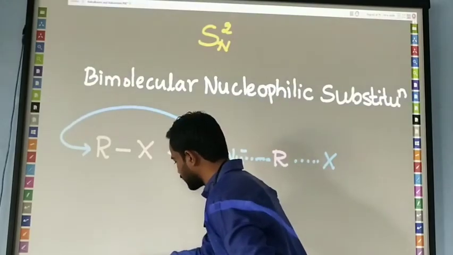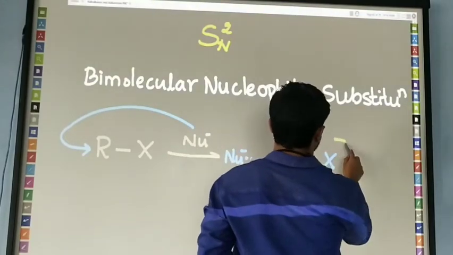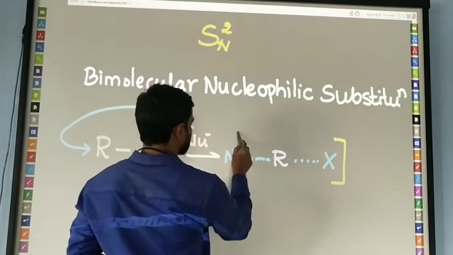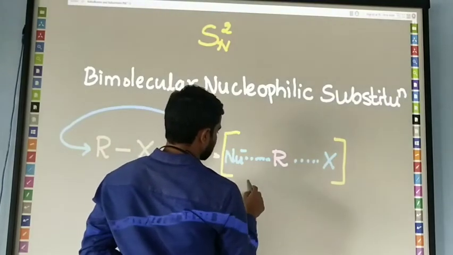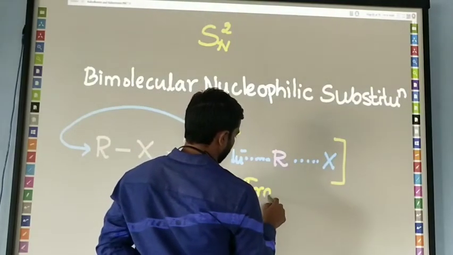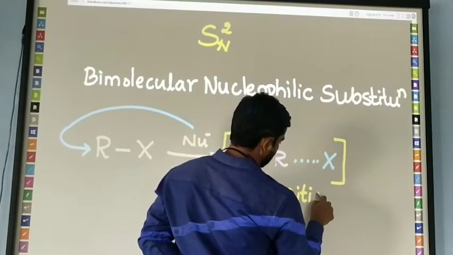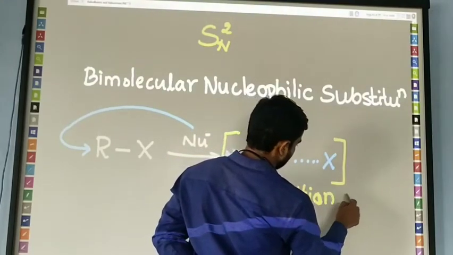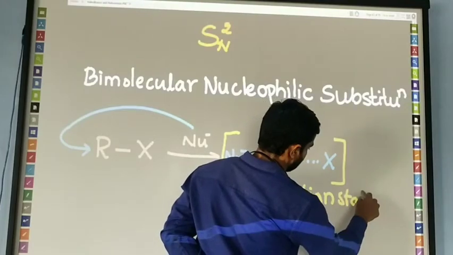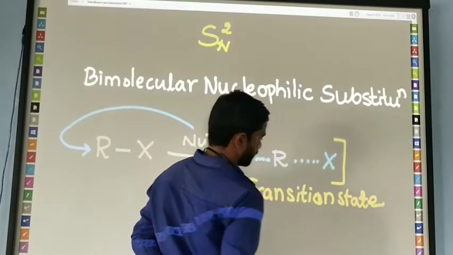As I already told you, here there is a formation of a transition state. The transition state is generated in the case of the SN2 mechanism.